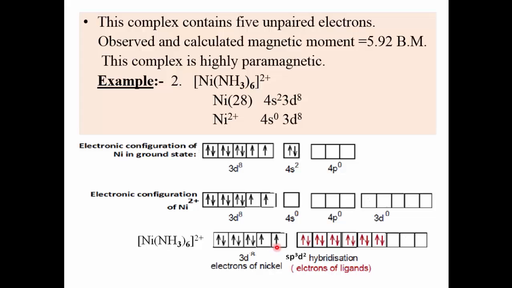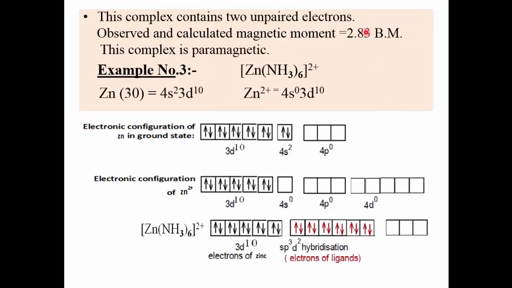Here there are 2 unpaired electrons. Hence this complex is paramagnetic. It contains 2 unpaired electrons. The observed and calculated magnetic moment is 2.834 magneton.